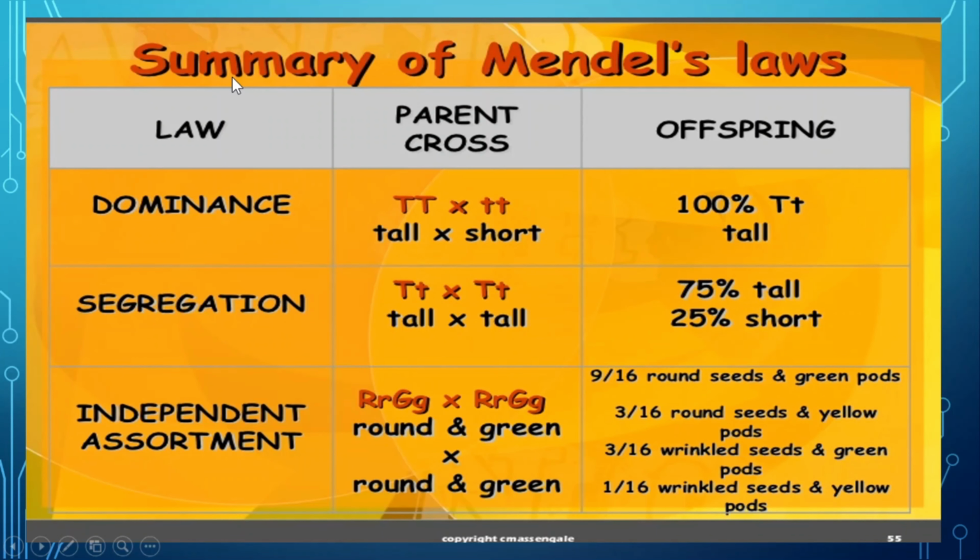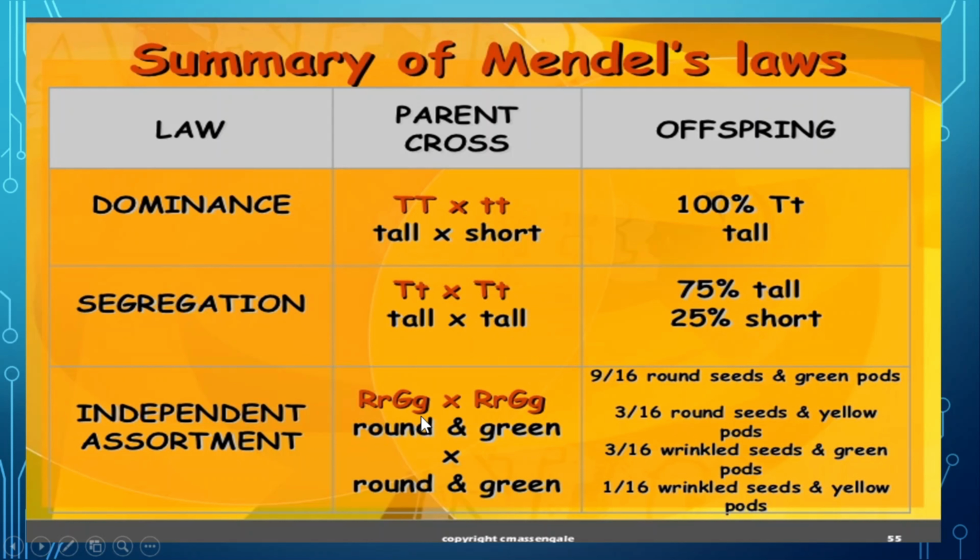In this figure, we can see the summary of Mendel's laws, that means all three laws: the law of dominance, the law of segregation, and the law of independent assortment. The parents crossed here are tall and short, then tall and tall, that means the selfing of the F1 generation.